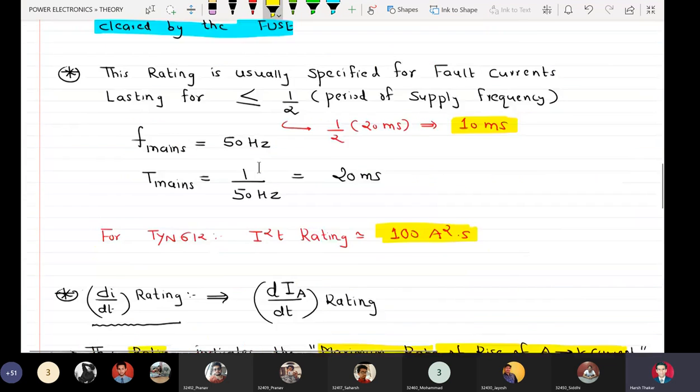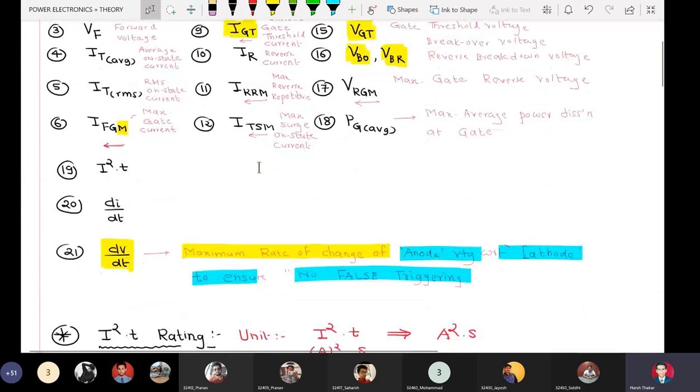Got the point? So this was an explanation about all the different ratings which we said.